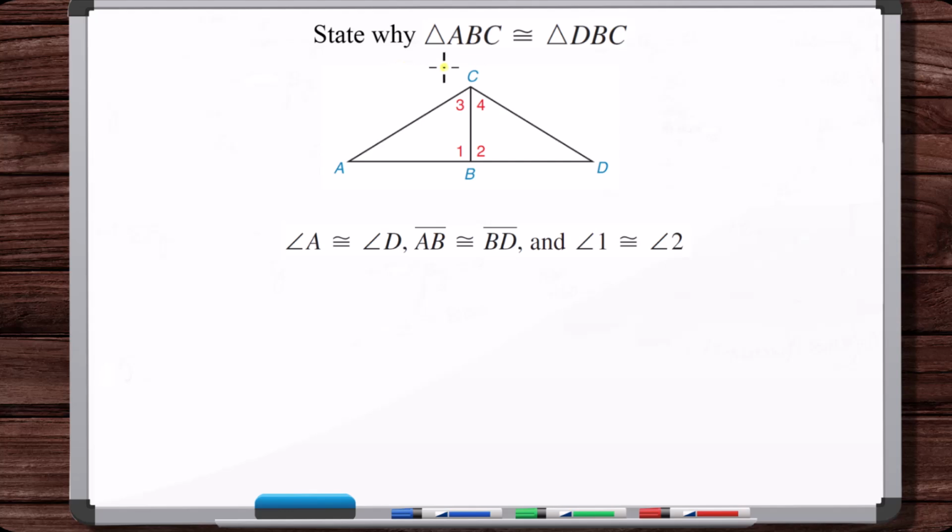State why triangle ABC is congruent to triangle DBC based on the given criteria here. So triangle ABC and triangle DBC. In this case, we've got angle A is congruent to angle D. Segment AB is congruent to segment BD.